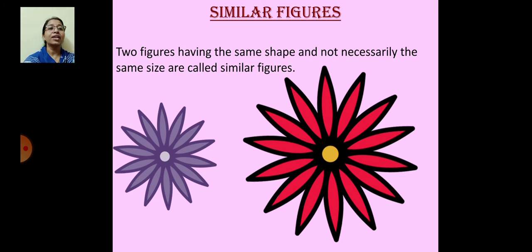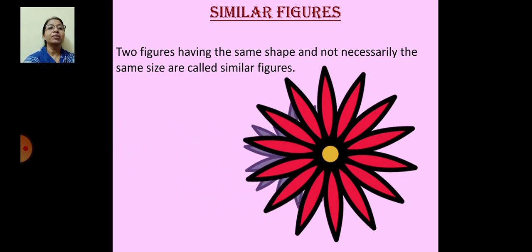Let us overlap them. No, they will not exactly coincide with each other. So such figures are similar figures. Their shape is the same but the sizes are different, right?